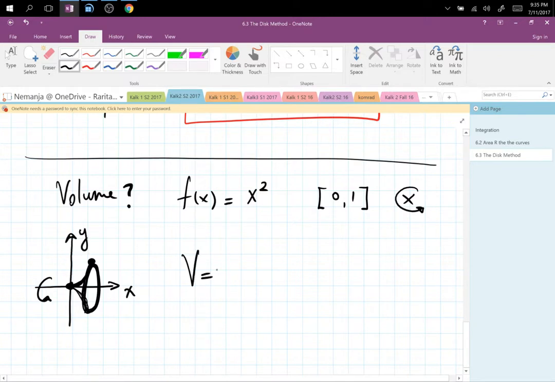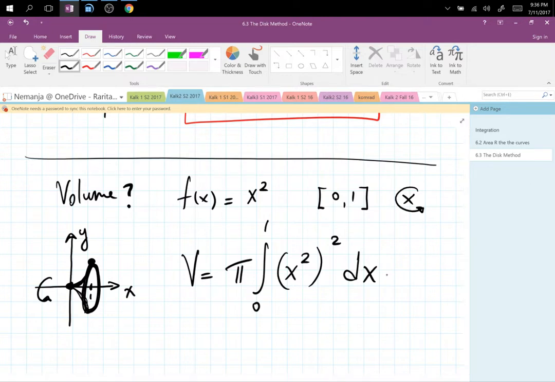The volume on this one is what? Let's set it up. What should I write? Pi. Beautiful. X squared, squared, nice. Dx. X squared is a function, and you have to square it.